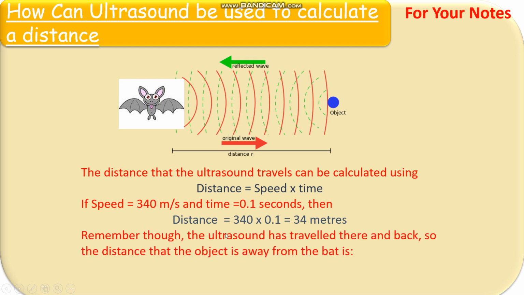However, the ultrasound has to go there and back, so the actual distance that the bat here is from the object is only half that 34 meters, which gives you 17 meters.